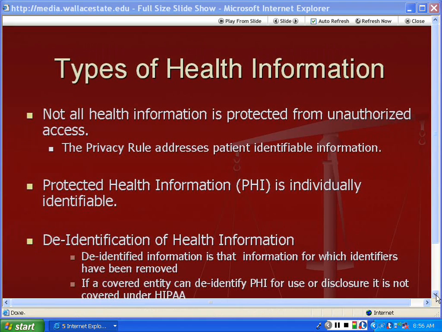So that if anybody saw particular health information, they would not know to whom that information pertained. So if health information is de-identified, it is then no longer covered under HIPAA as far as being protected.